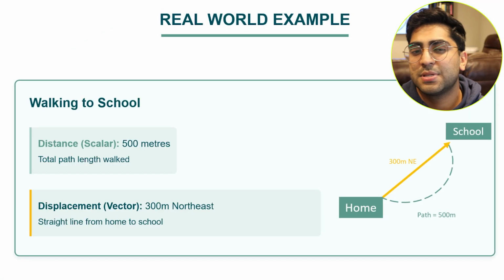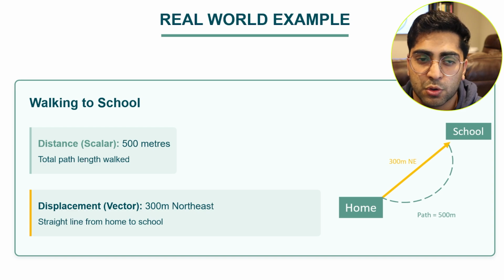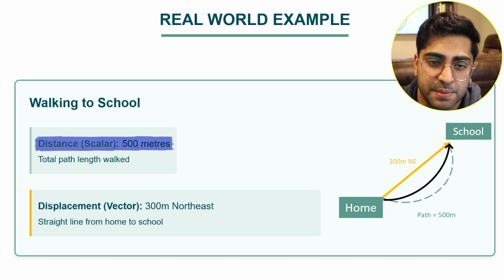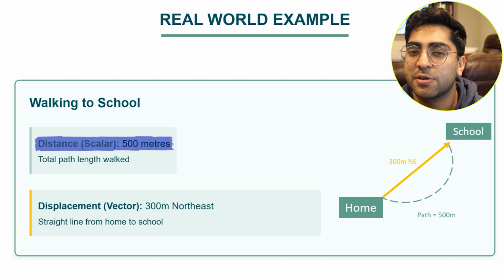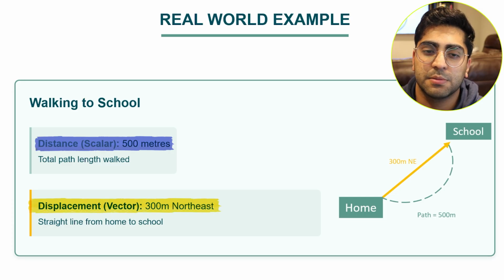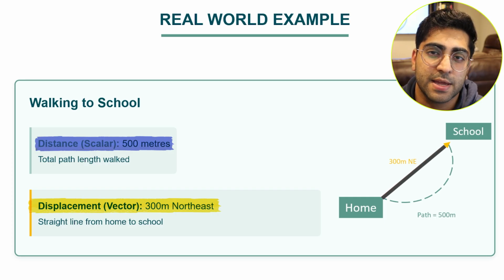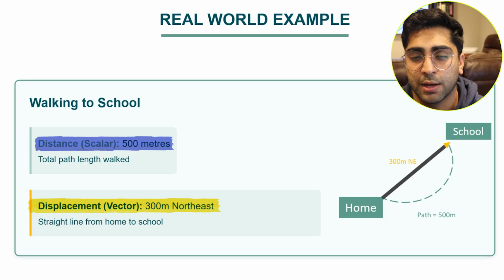Some real world examples: let's say you're walking from home to school, and the path that you took was 500 meters. The total distance you would have traveled from home to school is 500 meters, but the displacement between home and school is a straight line from your house to your school.